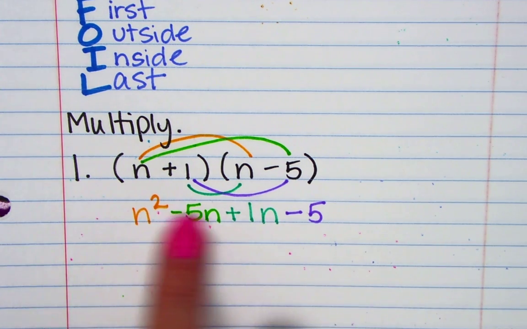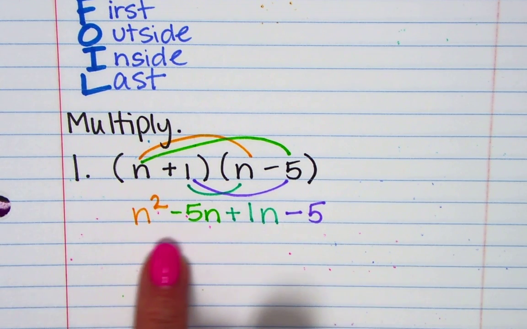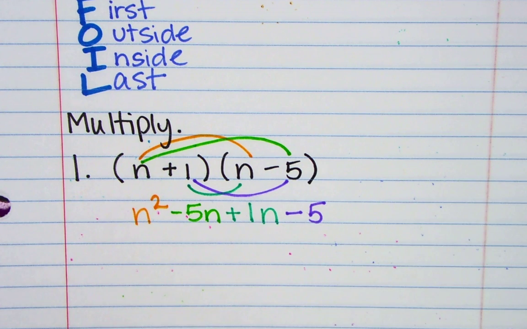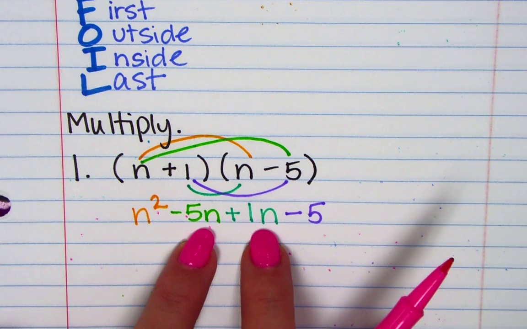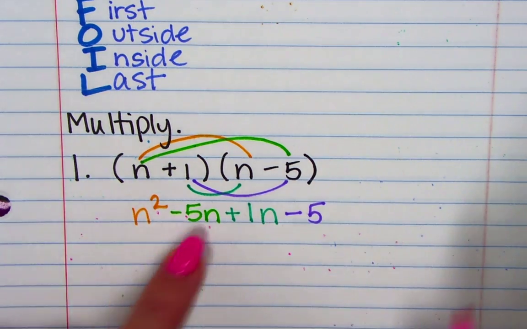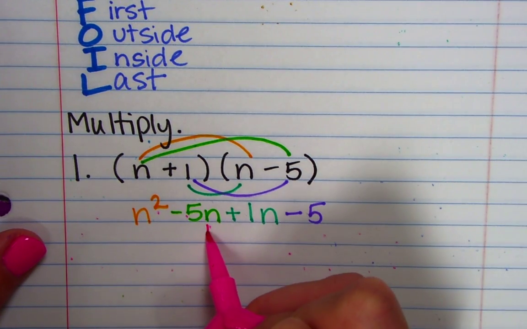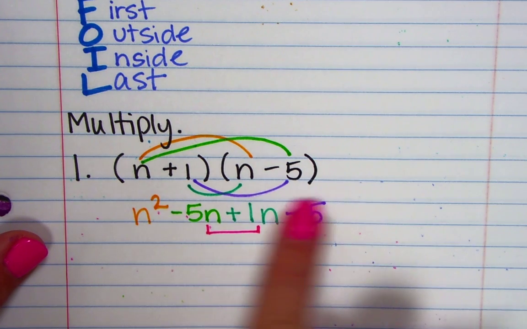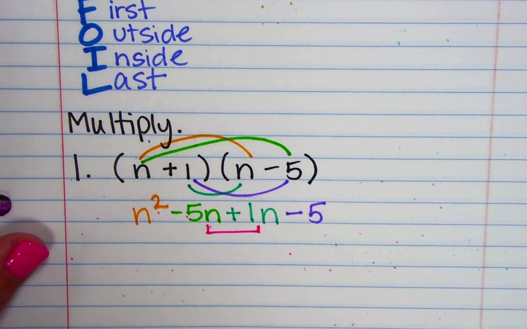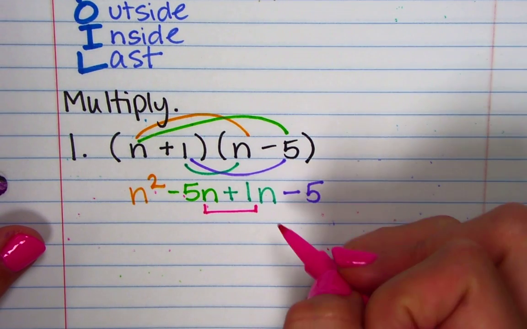Now, this is our answer, but we can simplify this further. What can we do to make this a little bit smaller and easier to read? Combine like terms, exactly. Usually, it will be the 2 middle terms, because they're both going to be n's or whatever variable it is. So we're going to add those together. We multiplied to get these. Now combining, we're adding. What's negative 5 plus 1?